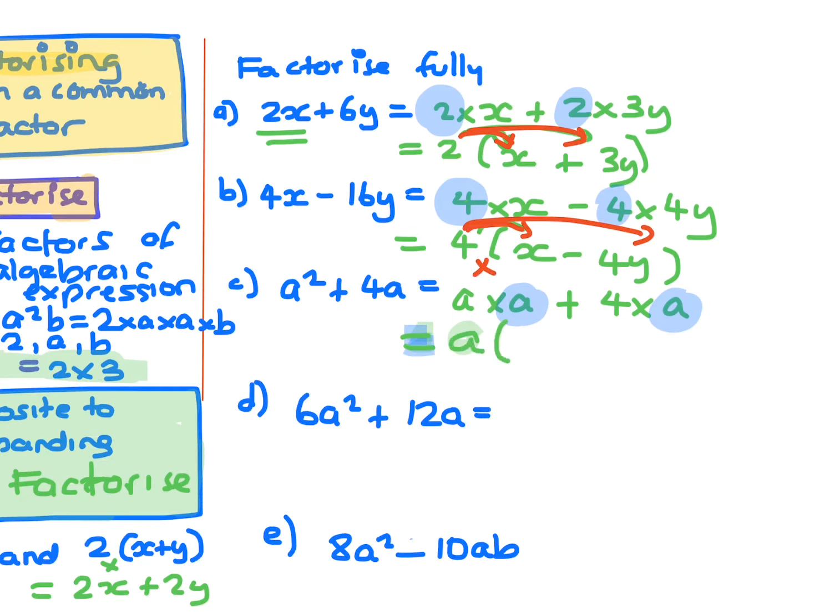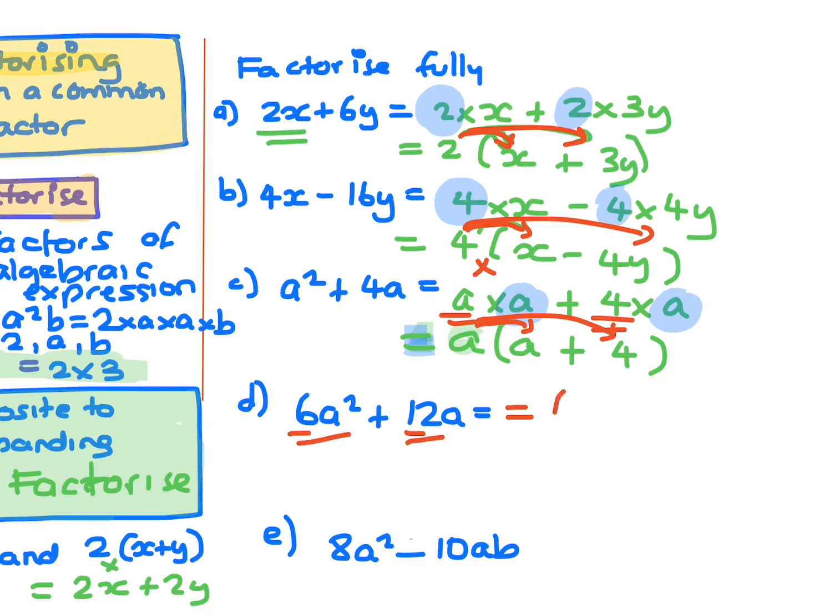And you'll be left with the a and the 4. So you'll be left with a plus 4. So you can always check it, because a times a gives you a squared, and a times 4 gives you 4a.